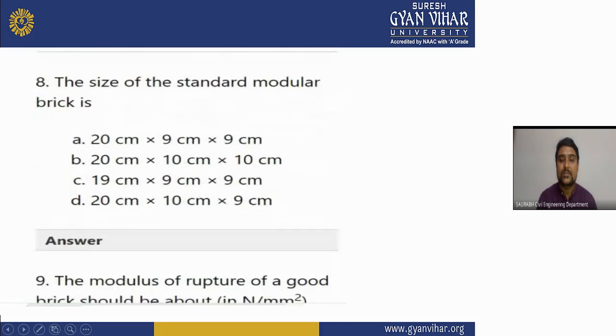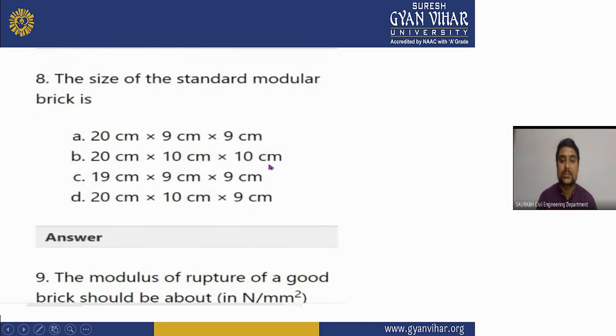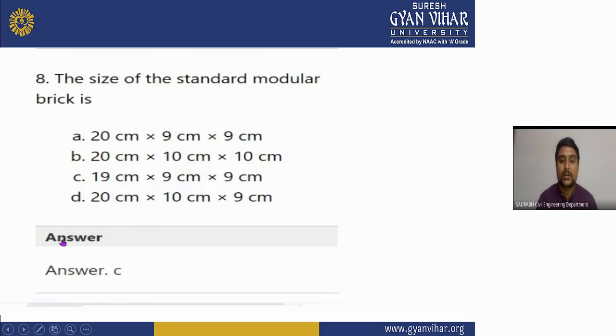The size of standard modular brick is. This is a very important question, and this question has been asked in many government exams. So you need to remember what is the size of standard modular brick. If anybody asks you what is the size of standard modular brick, you can answer it. It is 20 centimeter into 10 centimeter into 10 centimeter.